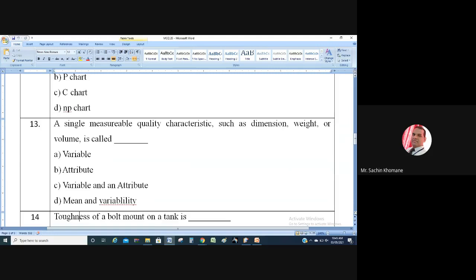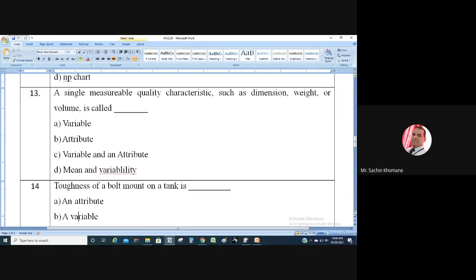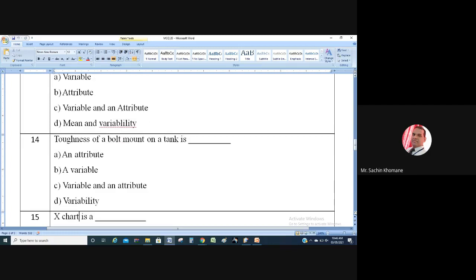So weight and volume are variables. The answer is A, that is variable. And attributes are things like smell, good or bad, accepted, rejected.